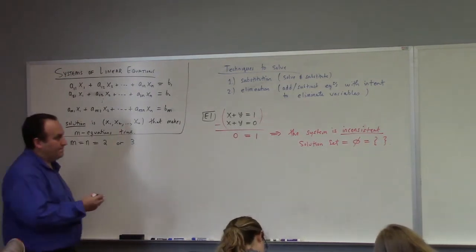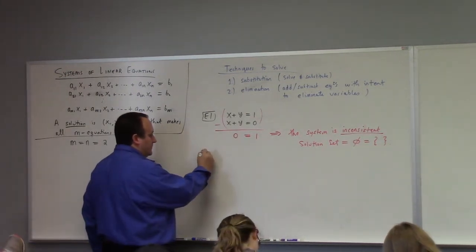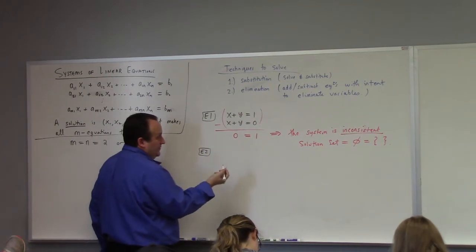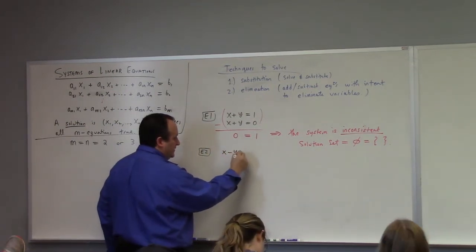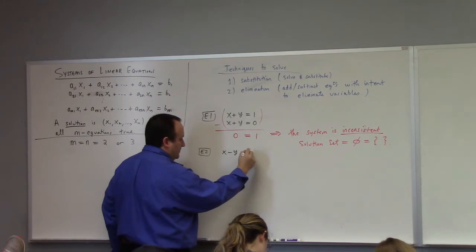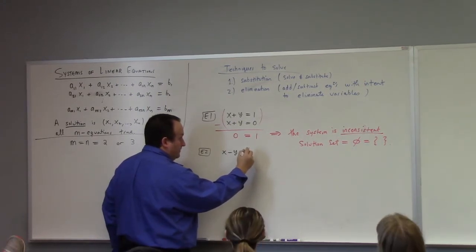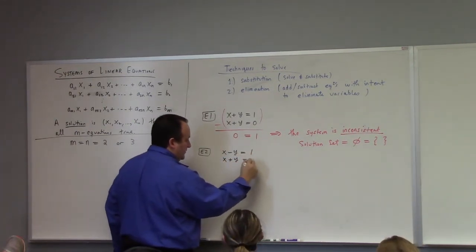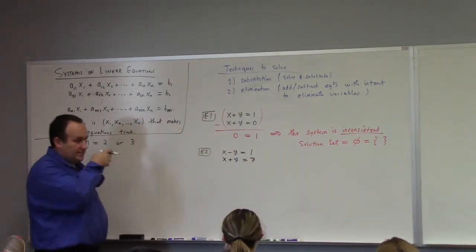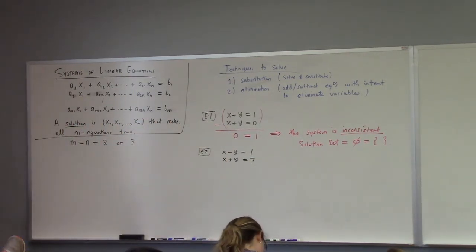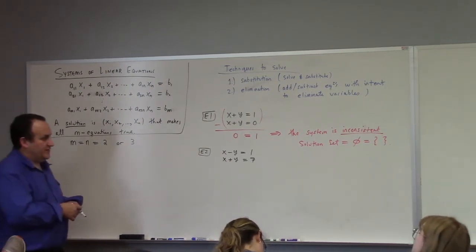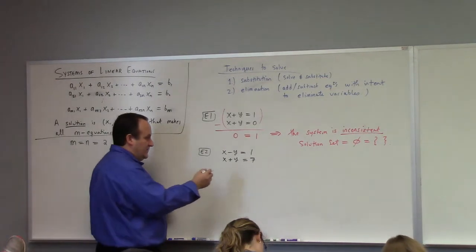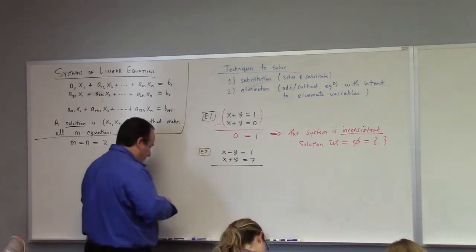Let's look at another one. What if I had x minus y equals 1, and x plus y equals 7? I'm going to focus here on the elimination method. What would be the right approach here? If I'm going to use elimination, it's really nice here because I can add these equations.